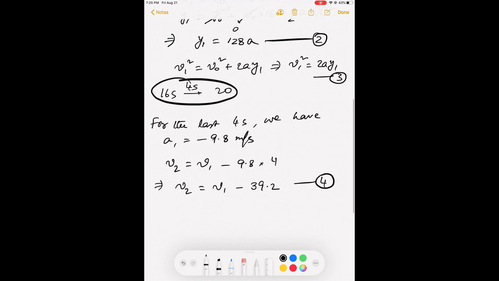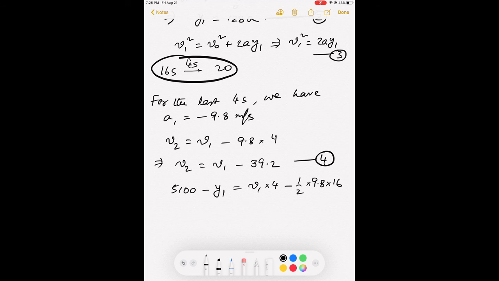So if you look at the position formula, kinematics equation number 2, it's 5100 minus y1, this is delta y, equals v1 times 4 minus half times 9.8 times 4 squared, which is 16. You could write it as 5100 equals y1 plus v1 times 4 and so on, but then you would add one more step, so I just wanted to save that step.